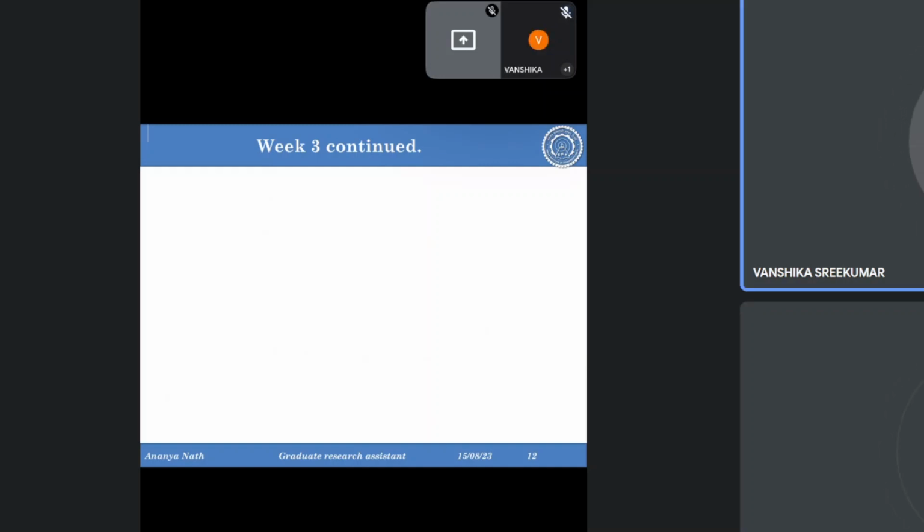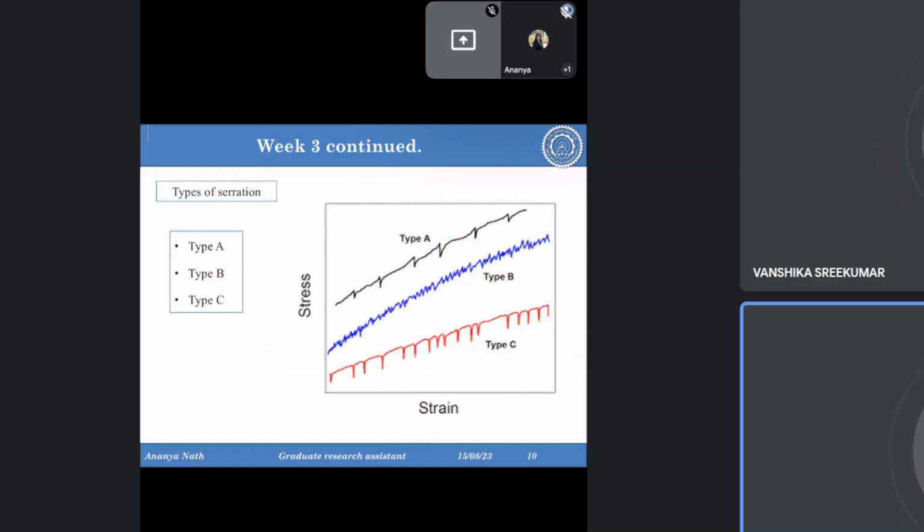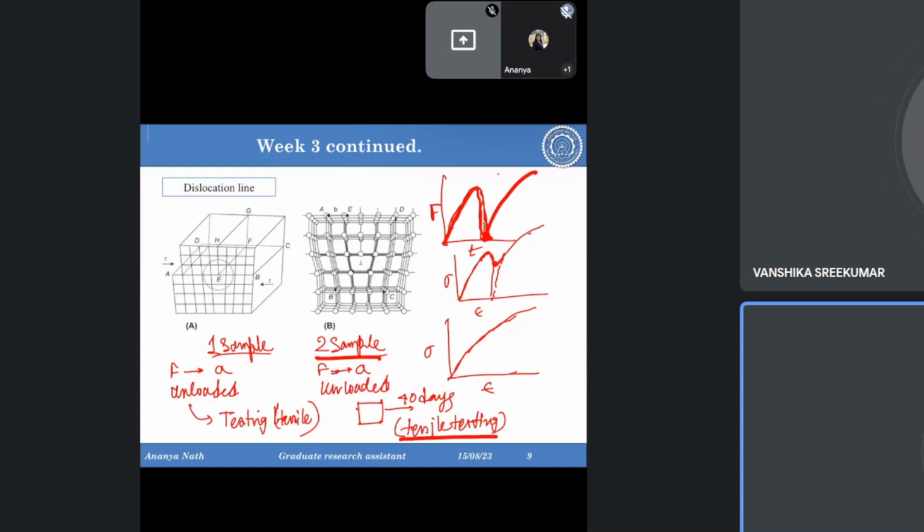Ma'am, that is the reason why there is a dip in the stress-strain curve, because we are aging it? No, no. When we are loading it, in a normal graph also, you will see there is a high yield point and a low yield point.